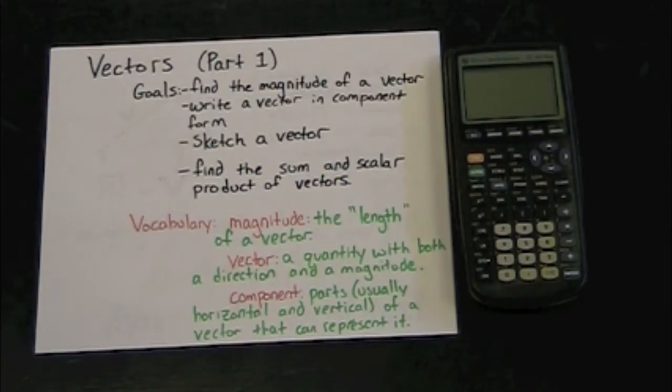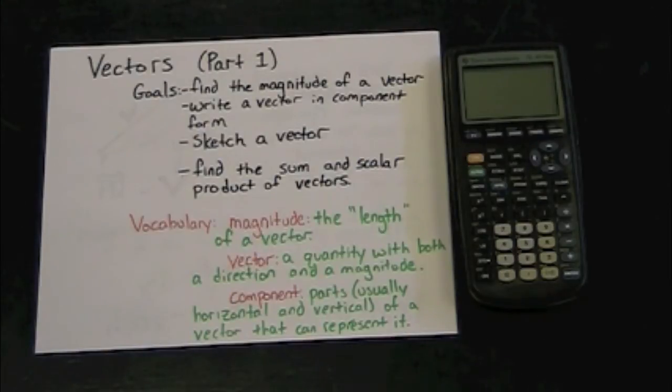Let's talk about some vocabulary before we go forward. First of all, the magnitude is the length, and length is in quotations there because vectors can be used to express length, but they can also be used to express any quantity that has some kind of a direction. So magnitude is the length of a vector.